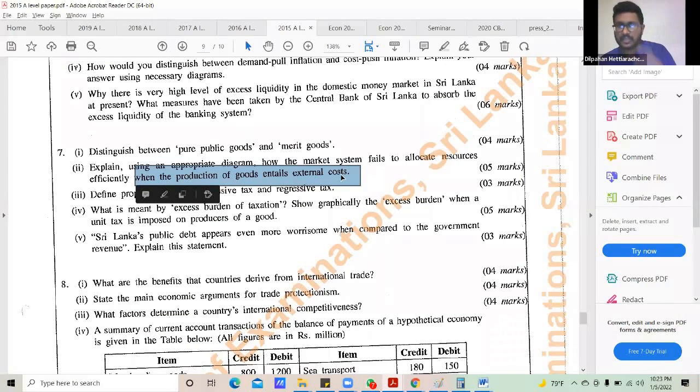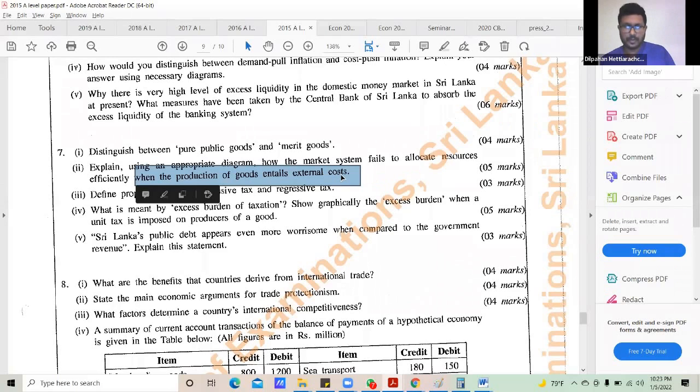Once again, it talks about production externality and it creates external cost. Is it a positive externality? No, it's a negative externality. So this question also asks about negative externality in production. So within the last 6 years, 4 times they have asked about externalities, and all 4 times they asked about negative externality in production.